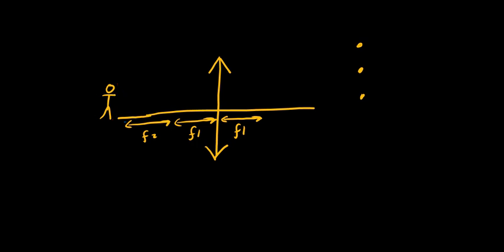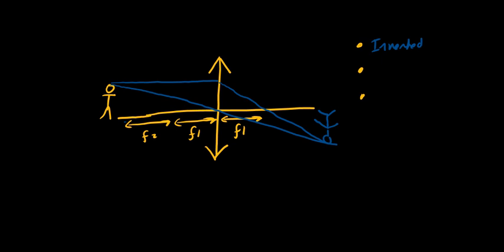Okay, so if you've done that, and we can remember our first ray of light ends up going through the center of the lens, like so, and our second one runs parallel to the principal axis, refracts into that situation there, and we end up with an upside down, inverted image, which should be, sorry, I haven't done a very good job of making that look diminished, but it will be diminished like so.